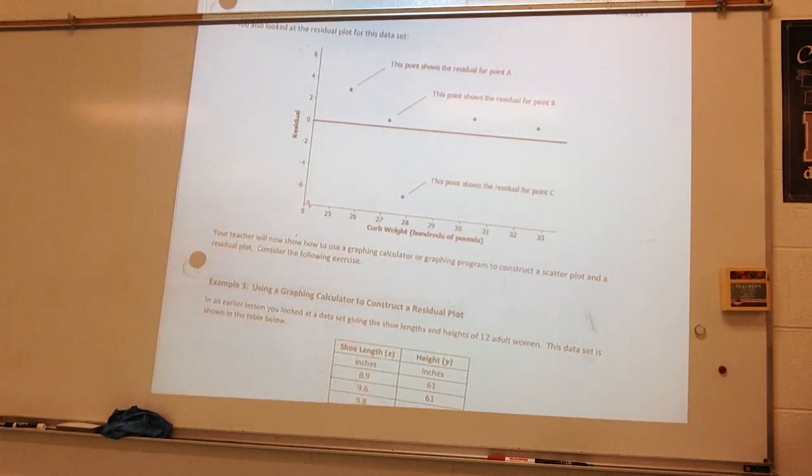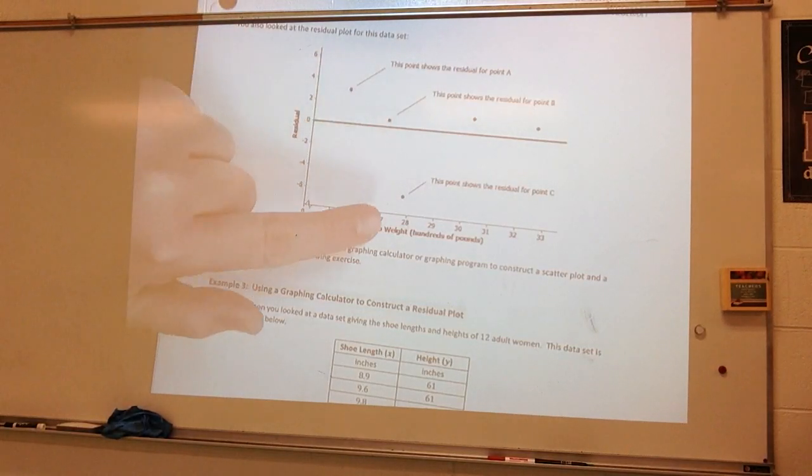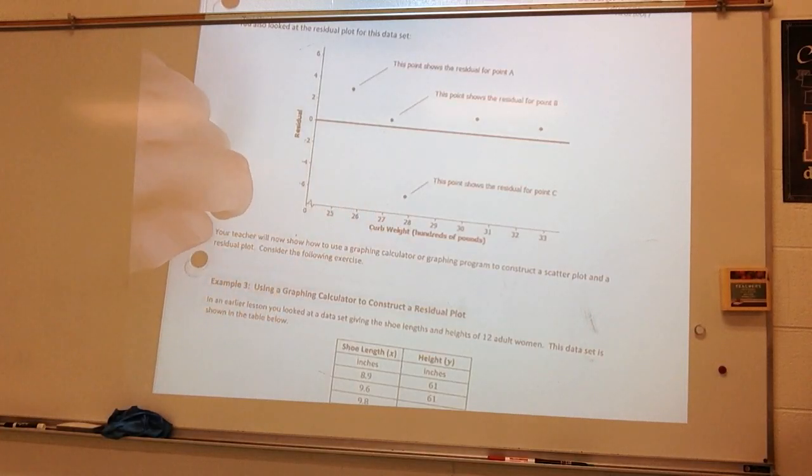You also looked at the residual plot for this data set. This point shows the residual for point A. This point shows the residual for point B. And this shows the residual for point C. So we're not going to really talk about how the graphing calculator can do this, simply because you don't have graphing calculators at home, and it's kind of hard for me to explain that to you.